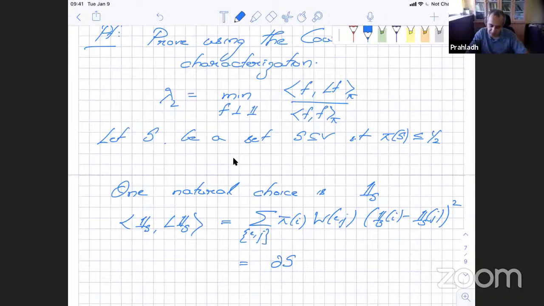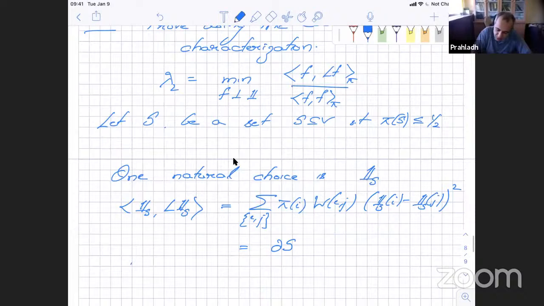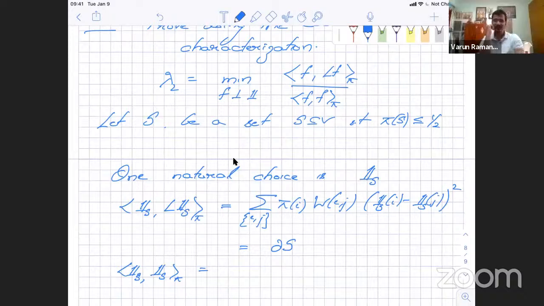And the denominator is also a nice quantity. What is the inner product of 1S with 1S in the pi norm? It is like the quantity that we want, but going over all unordered pairs.